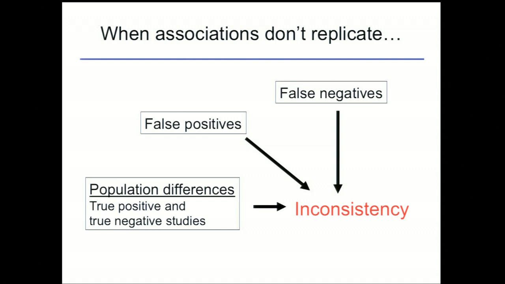We analyzed the association study literature, and we found that at least at the beginning of the field, most associations that were published by one group then didn't replicate when followed up by a different group. And replication is one of the hallmarks of good science. So if you're using a methodology where lack of replication is the standard of the field, that's not a good sign. So it was important to figure out what was going on.